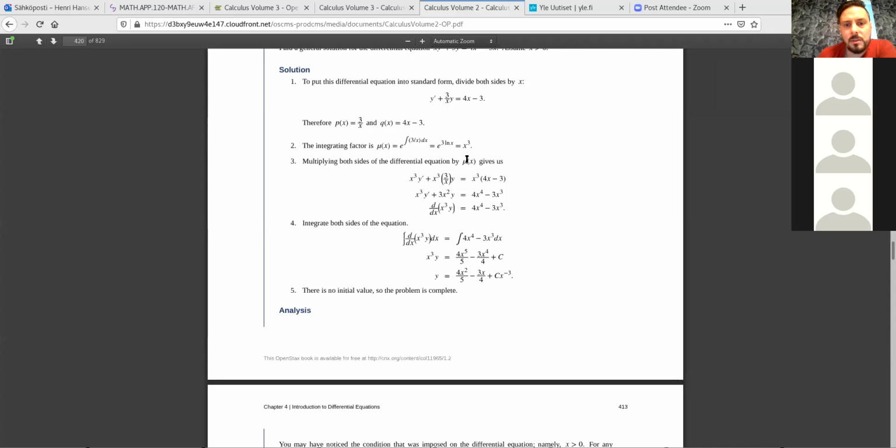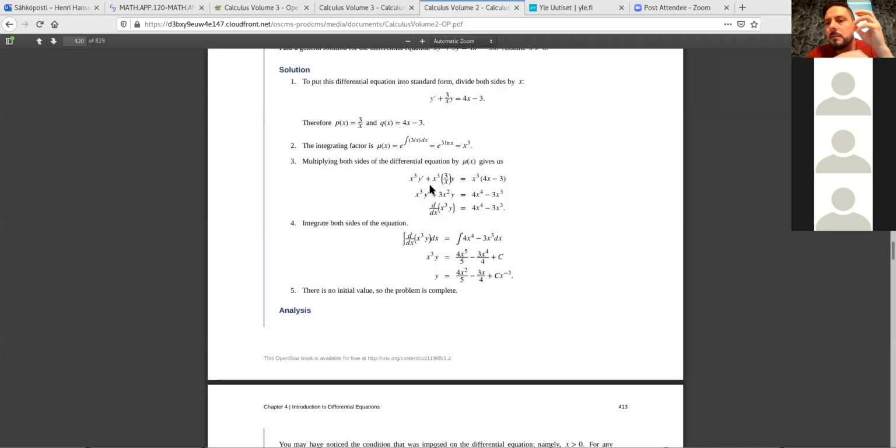We multiply both sides with this mu of x, and we get here left-hand side, right-hand side. So the right-hand side is pretty obvious. The left-hand side becomes the derivative of this. I mean, this is one place where you can double check whether you calculated the integrating factor correctly.